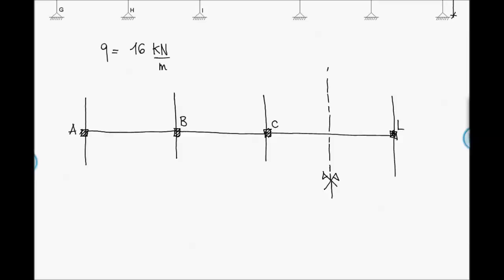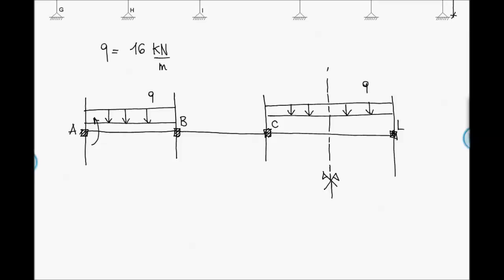We consider the uniform distributed load on beam AB and on beam CJ. They are both equal to Q. So the fixed end moments are these moments, of course.